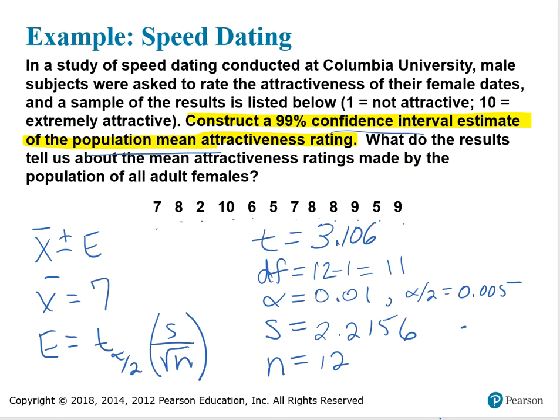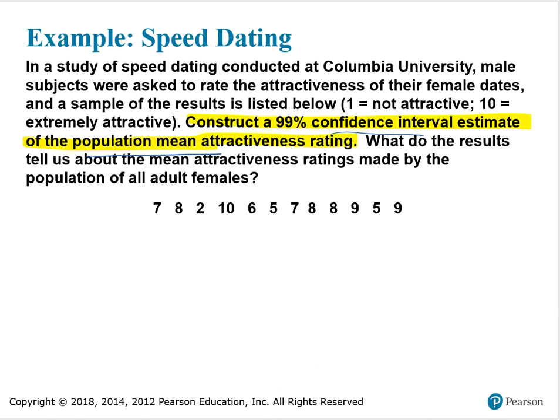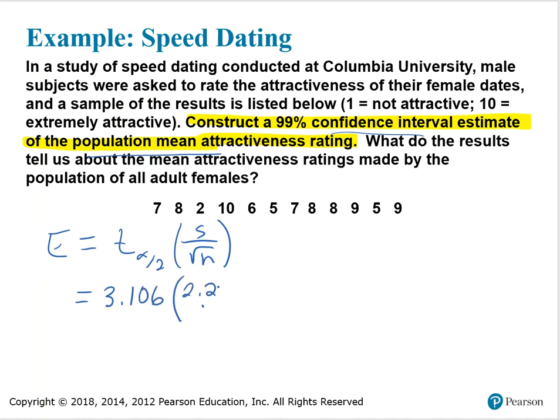So taking that information, E equals T alpha over 2 times S divided by the square root of N. We found T of alpha over 2 to be 3.106. S was 2.2156. N is 12.